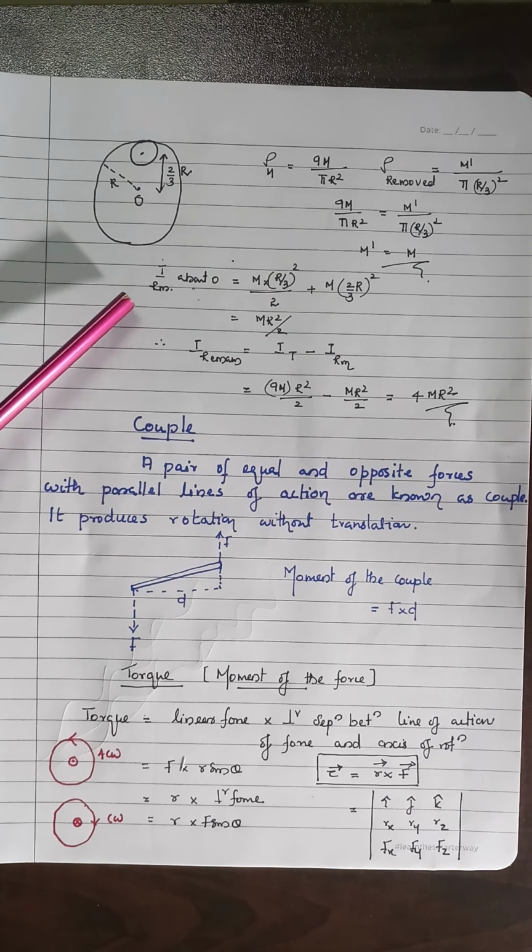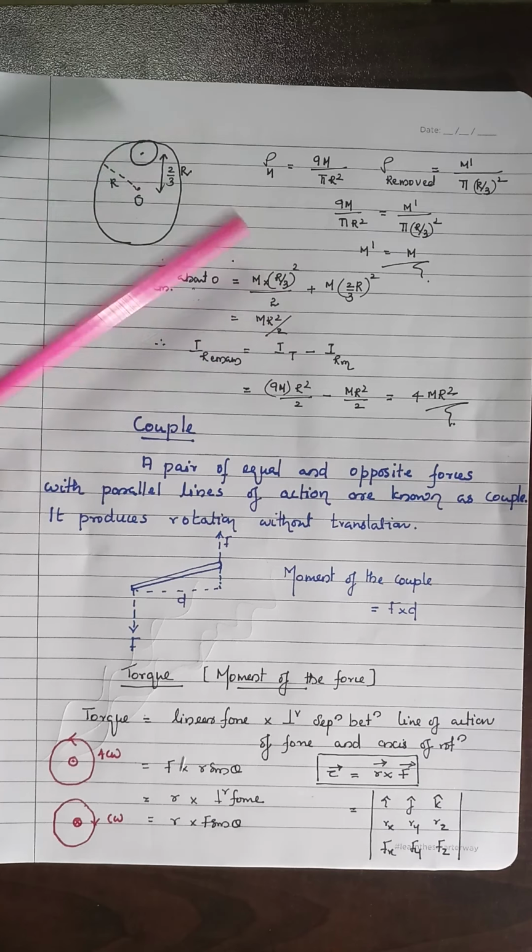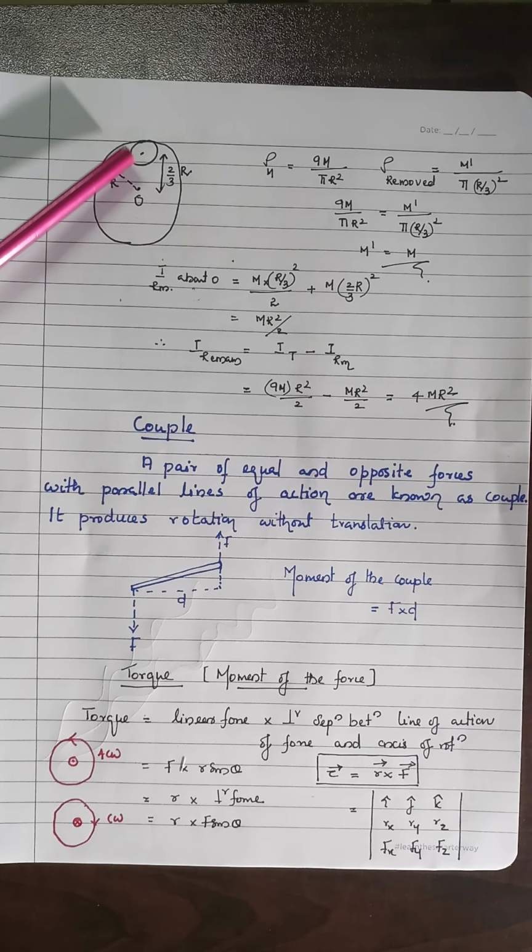So what is the moment of inertia for that removed one? For the removed one, it is at a separation 2 by 3 R. And at first find the moment of inertia of the removed part about its own axis, its central axis. So simply mass into radius square divided by 2. Good. Plus, by application of the parallel axis theorem, we can find the moment of inertia of the removed one about the O axis. It is very important.